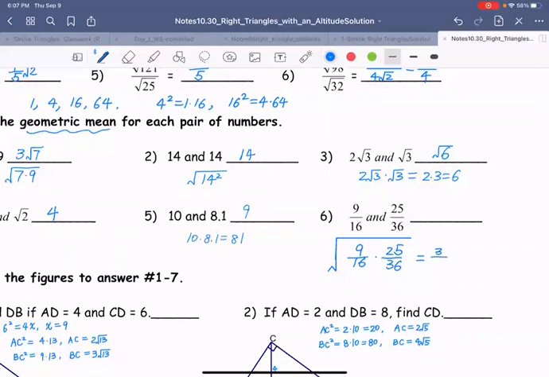Continue, please. So 3 over 4 times 5 over 6. Yes. Well, we didn't simplify there, so we want to simplify here.